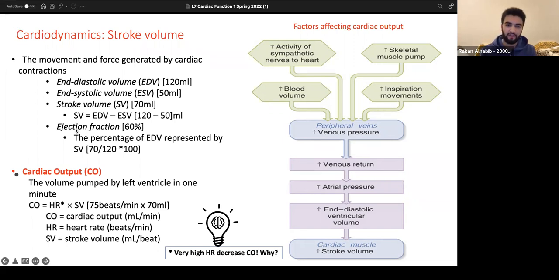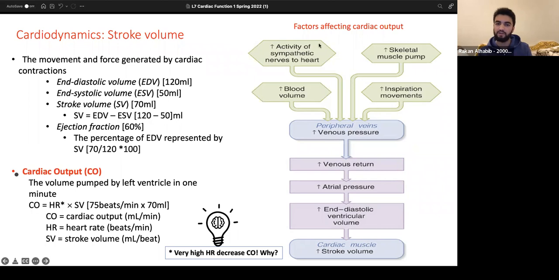Then ejection fraction is basically the percentage of the blood that got ejected, because the end systolic volume remains in the heart after the heart already pumped, okay? And if you multiply 120 times 0.6, because it's 60%, you'll get the stroke volume, which is 70 ml, the amount of blood pumped by the heart, basically.